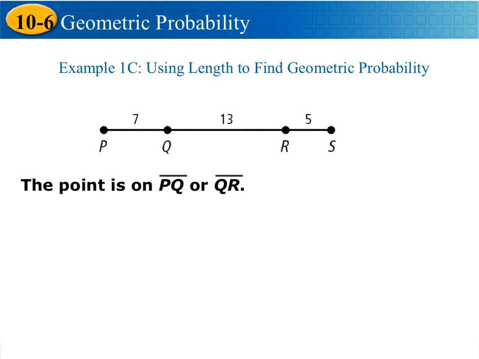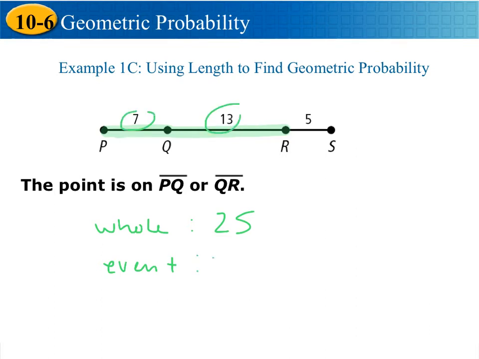Next, we need to find the probability that the point is on PQ or on QR. So we're either looking for when it's on PQ or QR. So our whole sample space, so the whole thing, is 25. And what we're looking for, so our event, is either going to be on PQ or QR, so we just add these 2 together.